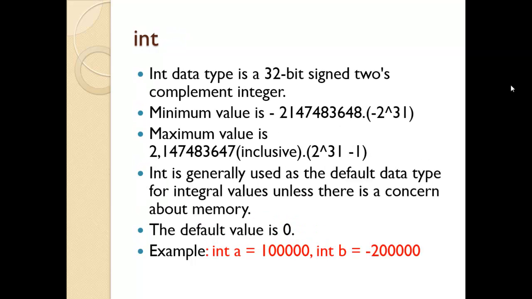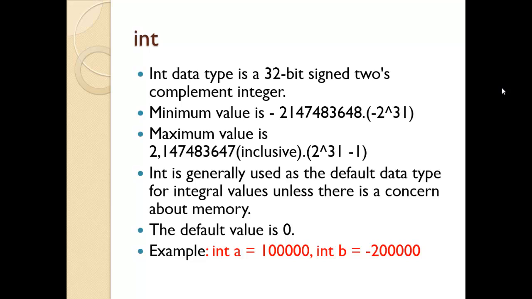Similarly, the integer data type is a 32-bit signed two's complement integer. The minimum value is minus 2147483648 and the maximum value is 2147483647. Int is generally used as the default data type for integral values unless there is a concern about memory.